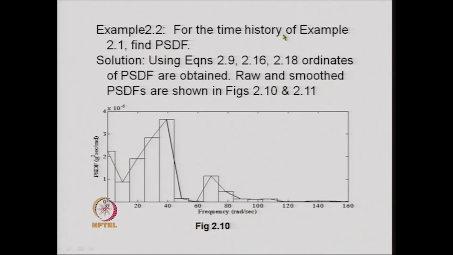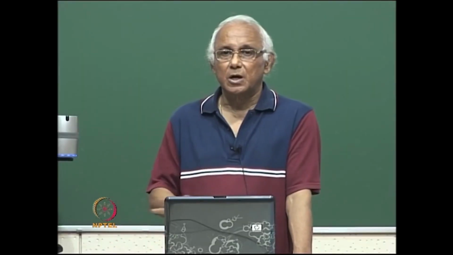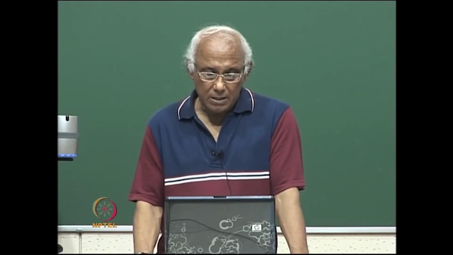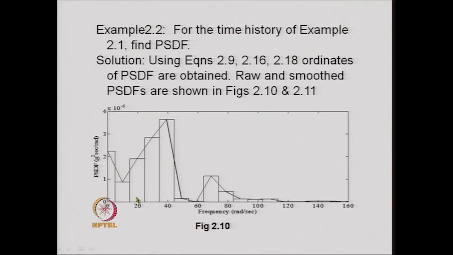Now the same time history of ground motion that we considered for obtaining the Fourier spectrum, that is 32 sampled values of an acceleration time record, was used, and for each frequency we obtain the Cn square value, that is the real term square plus imaginary term square, and then divide it by d omega. d omega is equal to 2 pi by T, where T is the total duration of the ground motion, and that divided again by 2, or in other words S(omega) is equal to Cn square divided by 2 d omega, that is what we discussed before.